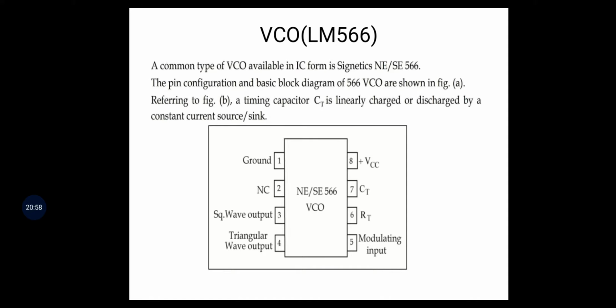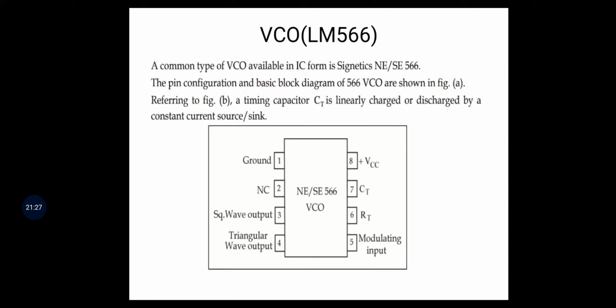Here the slide shows the pin diagram representation of the voltage controlled oscillator. The IC number is 566. This is a dual in line package form. It has 8 pins. First pin is ground.